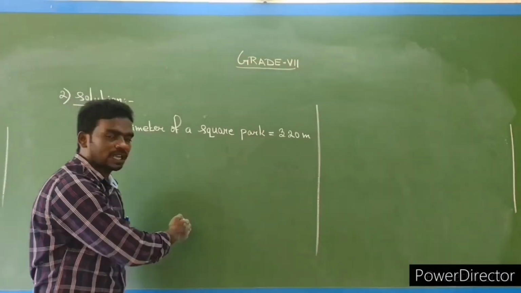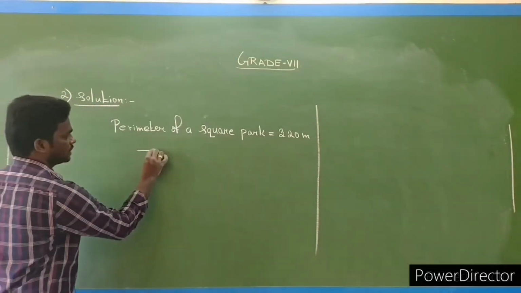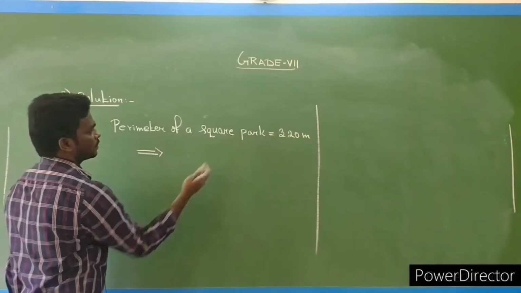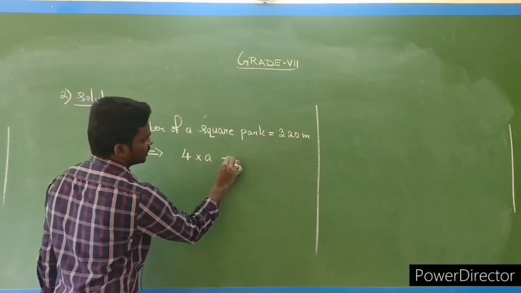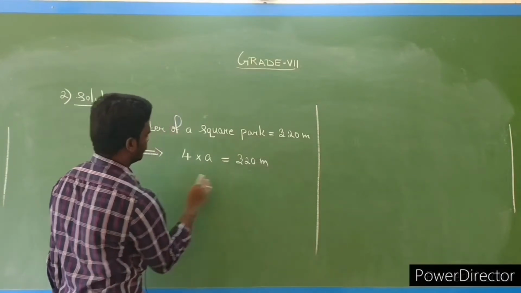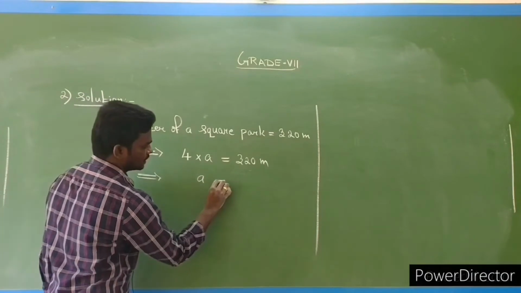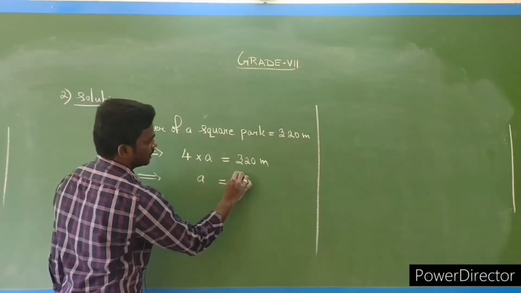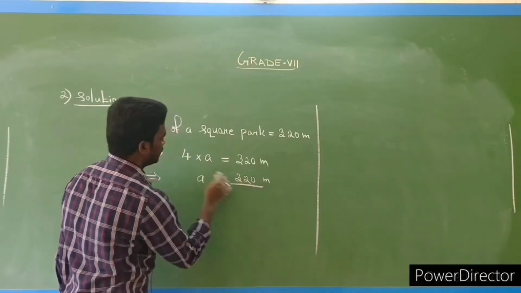First we want to find the side of a square. Thereafter we can find the area of the square. The perimeter of a square is 4 into a. 4 into a is equal to 320 meter, which implies, keep the variable a on the left side and the right side value is 320 meter divided by 4.